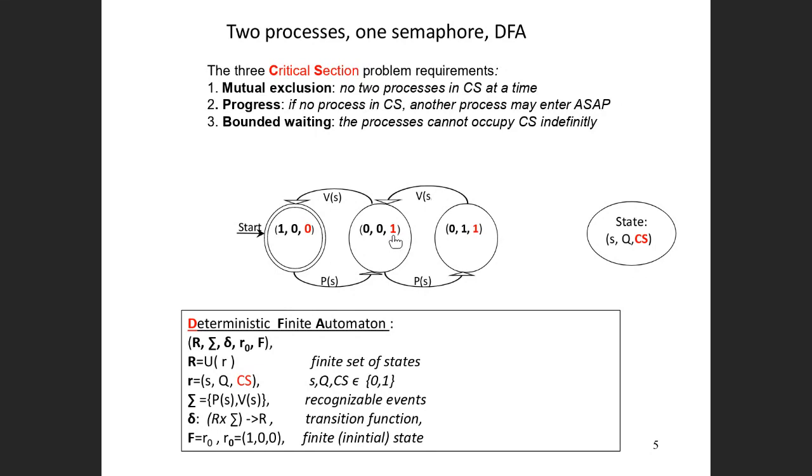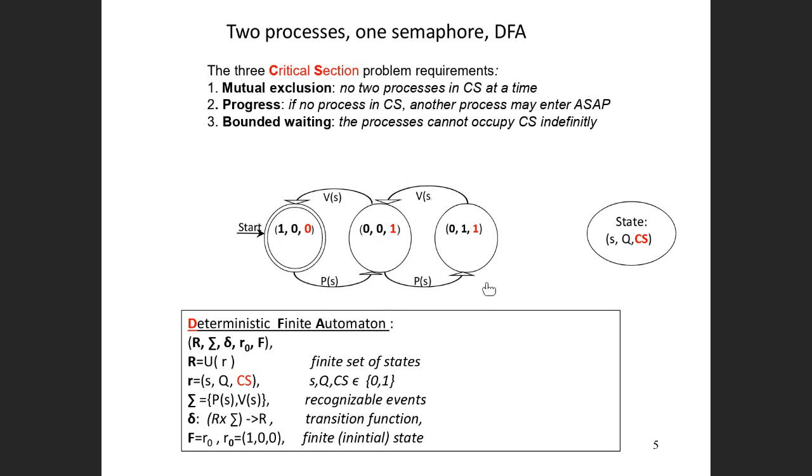Now we have 2 options. The process may leave the critical section, therefore we would go through the arrow V of S back to the initial state, or if the first process has not finished yet, the second incoming process would change the state of the finite automaton in a way that the Q from 0 is changing to 1.